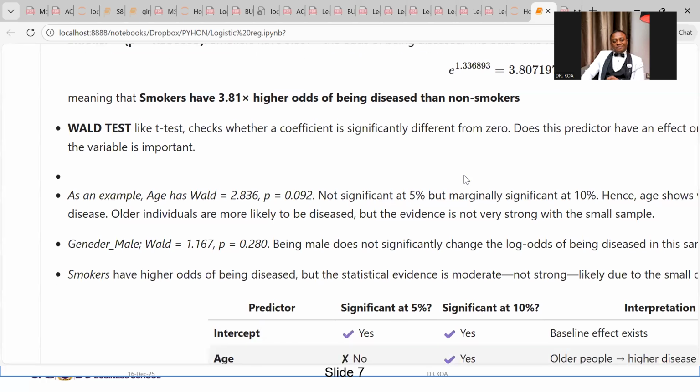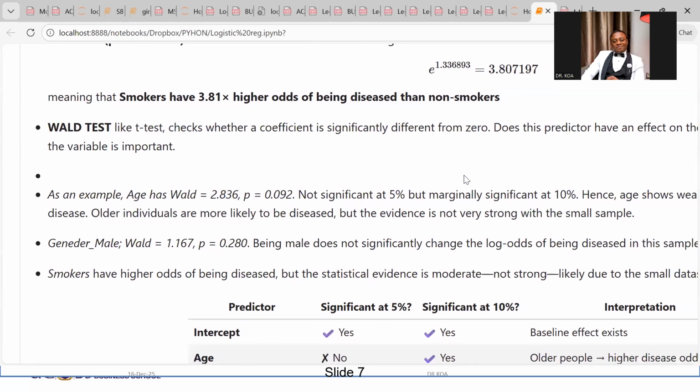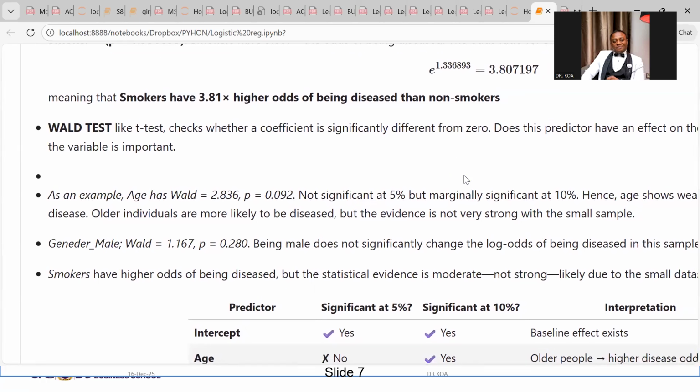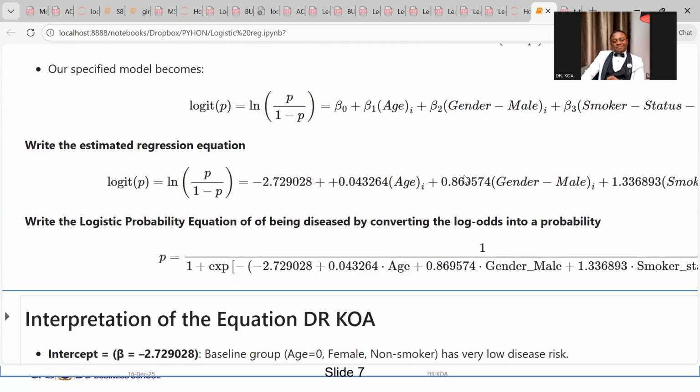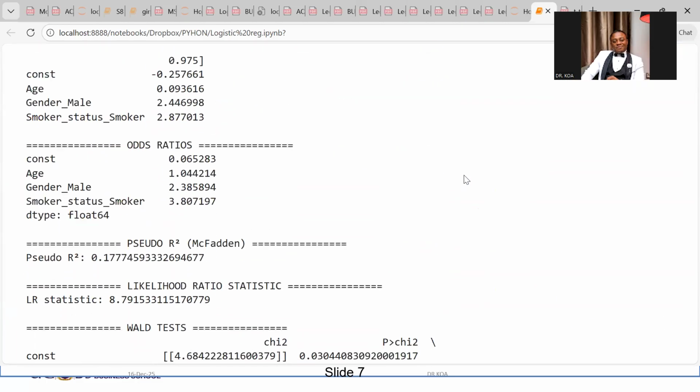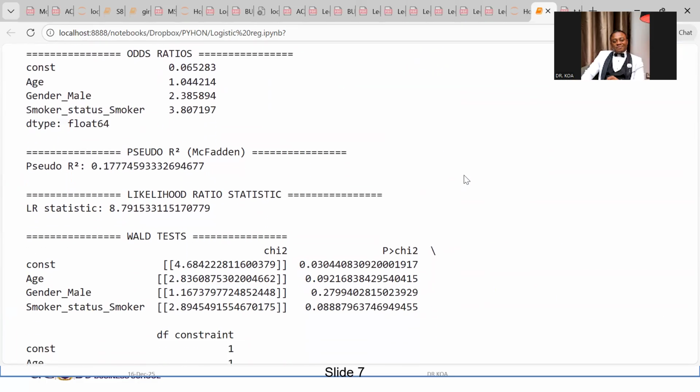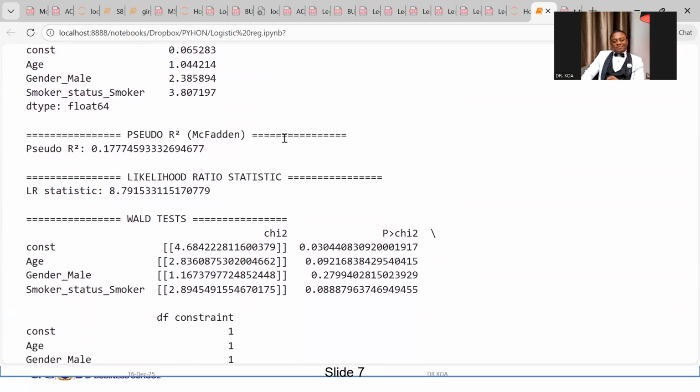So let's take an example of the Wald test for age. I've shown it here. Let's say the Wald test for age is 2 point blah, blah, blah.